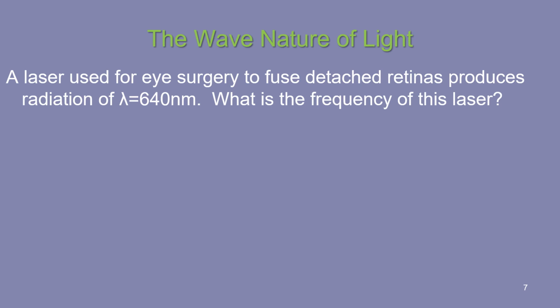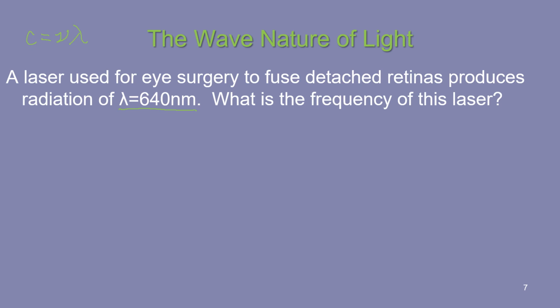All right, so let's do an example. A laser used for eye surgery produces radiation of lambda equals 640 nanometers. What is the frequency of this laser? I'm going to write it up here so it doesn't get in the way. We know that c equals lambda nu, so the frequency times the wavelength.